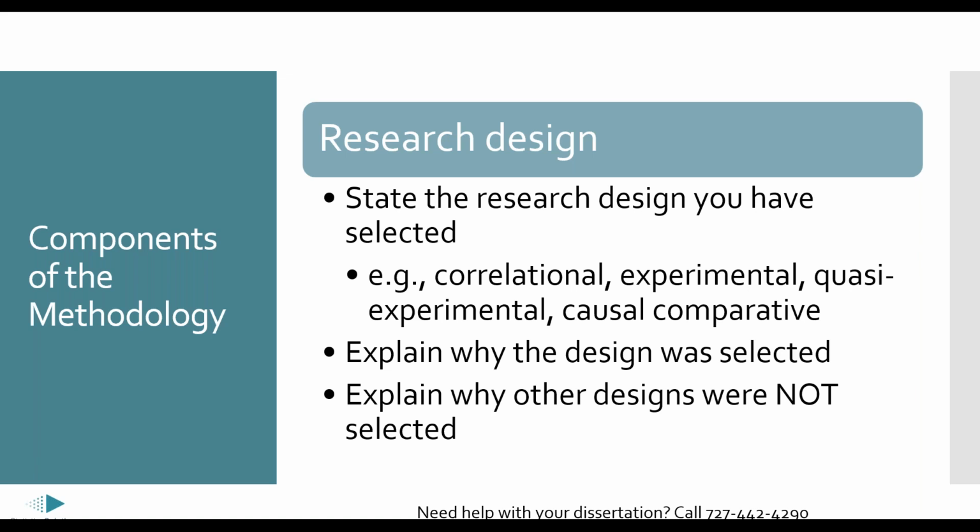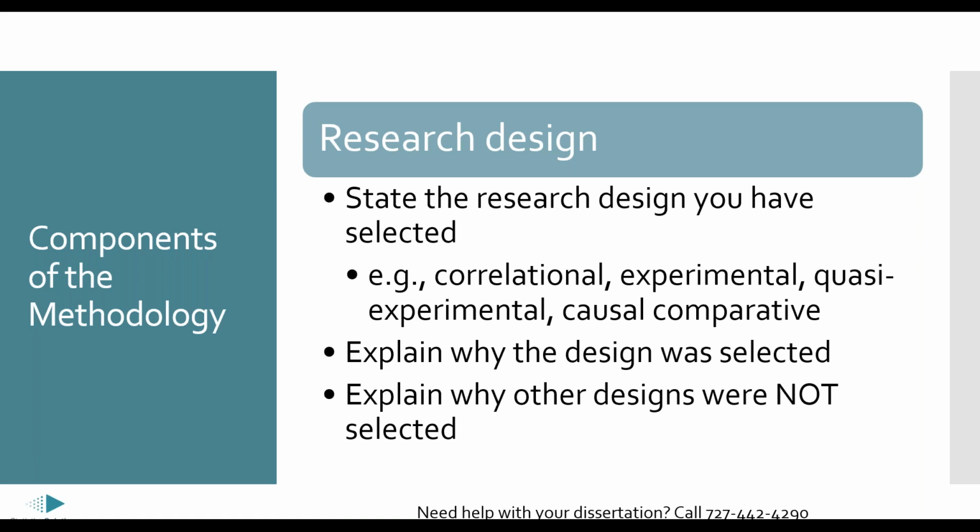And then in addition to justifying why you picked your specific design, you also want to talk about other types of quantitative designs and why you did not select those. So it's fine to talk about, if you're doing a correlational study, why you did correlational, but you also may need to justify why you didn't do an experimental study or a causal comparative study.